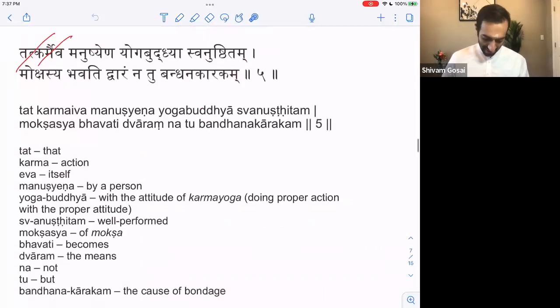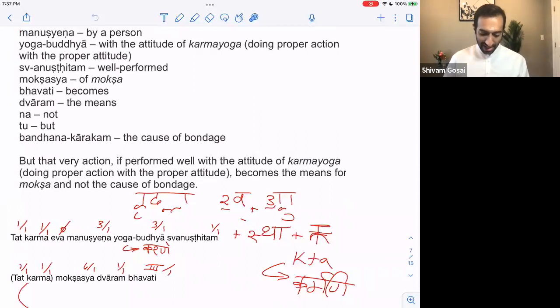But karma, that same action, if done well with the attitude of karma yoga, is the bridge between the two. The same action done with the attitude of karma yoga becomes the means for moksha. Natu bandhana karakam, not the cause of bondage.